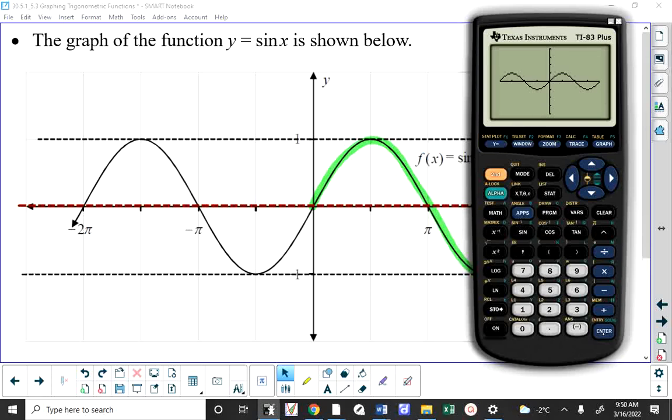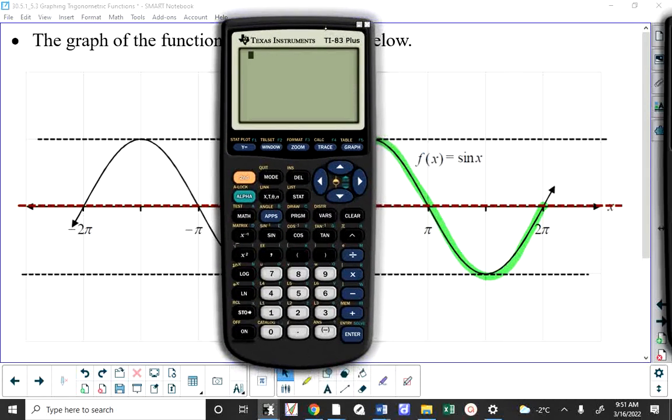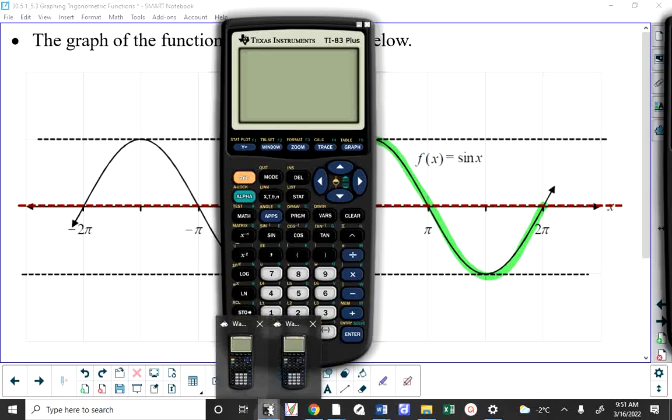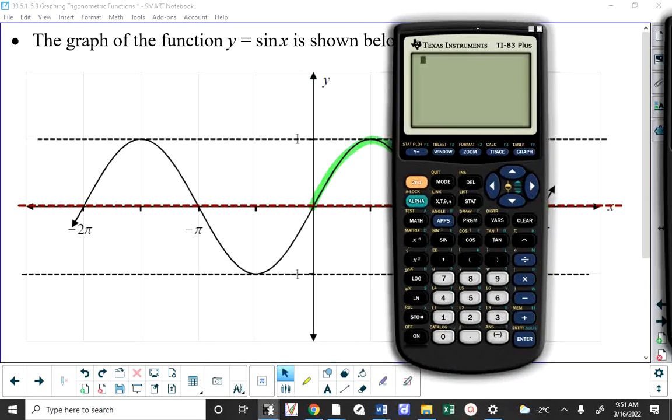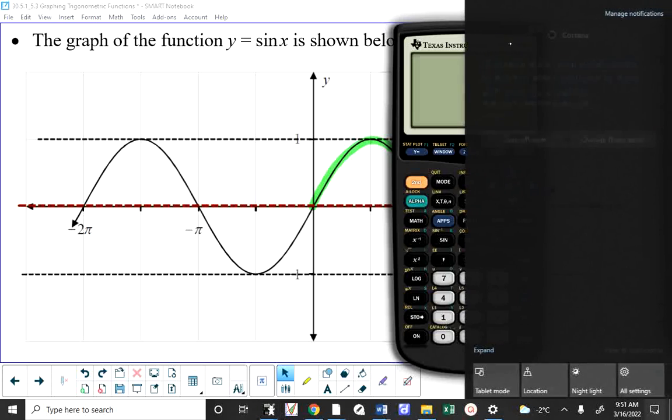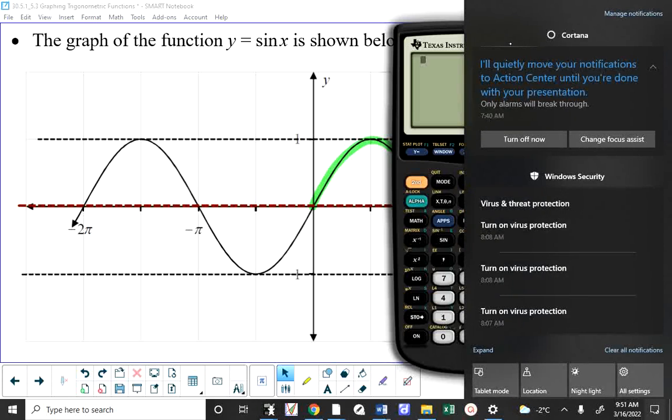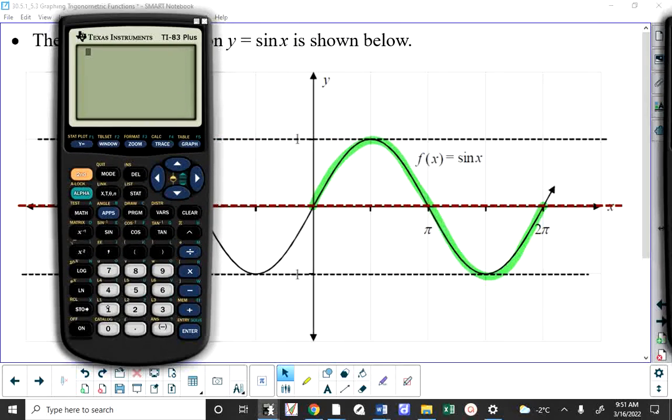Now, I happen to be in degrees. If I repeated that process, I'm going to try to grab this calculator. I don't think I can.